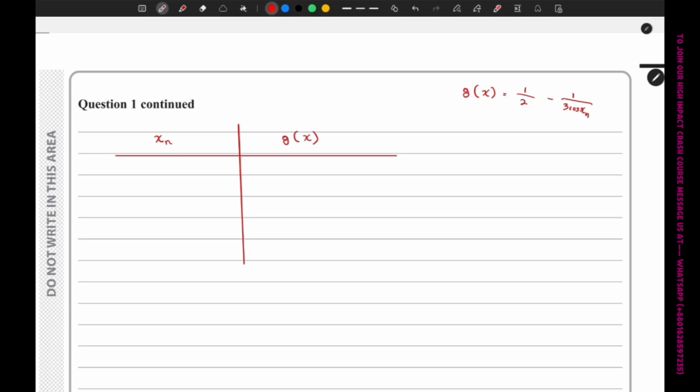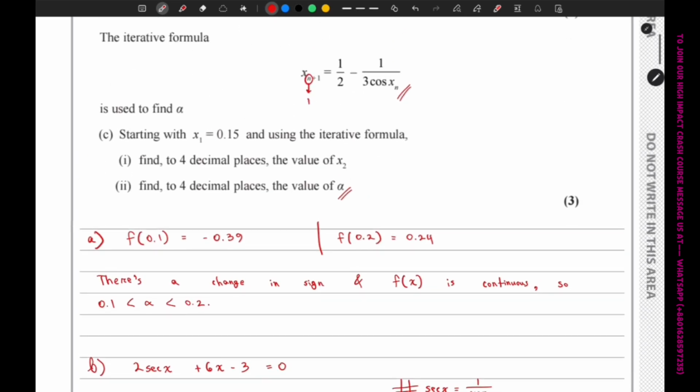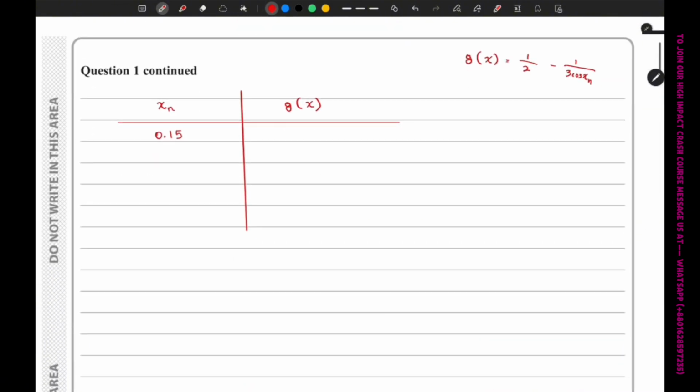So when the value of xn is 0.15, the value of g(x) was 0.1629. Now keep in mind that this is the value of x2.